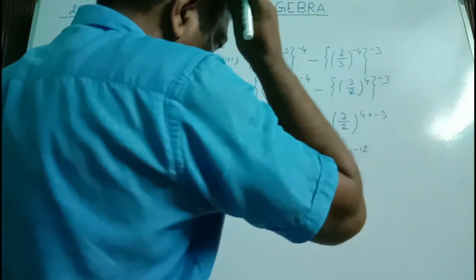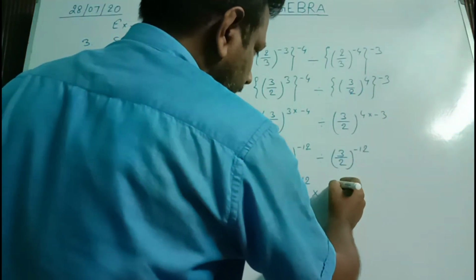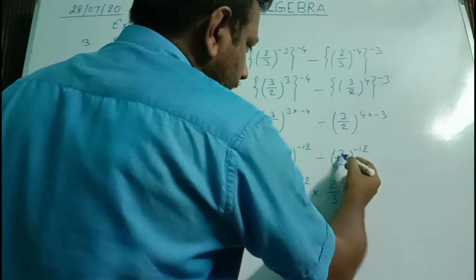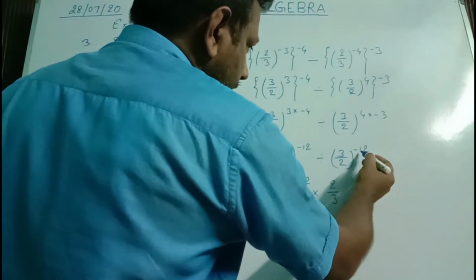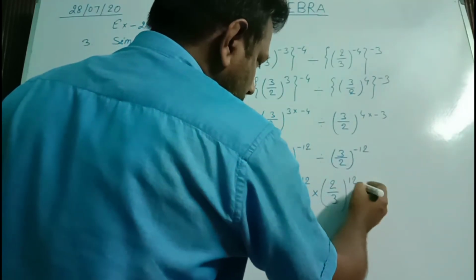That will be 2 by 3, and when you write the reciprocal, this will be changed into the positive index. So this became 12.